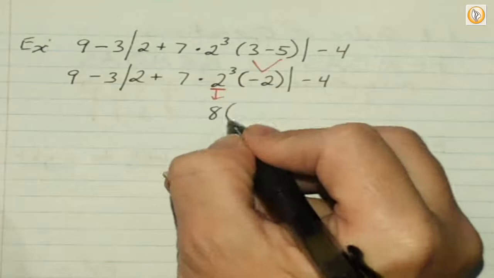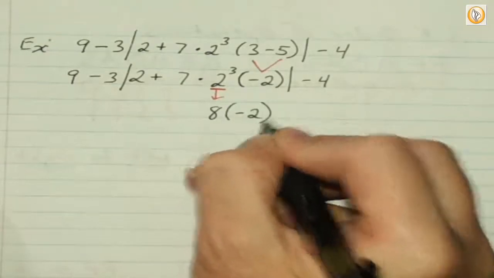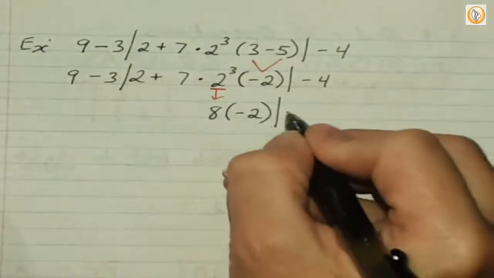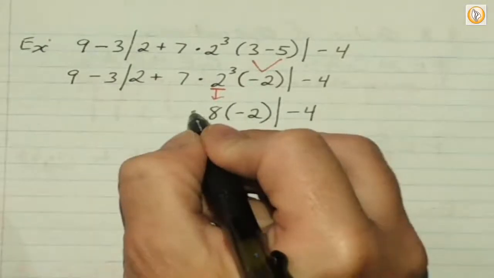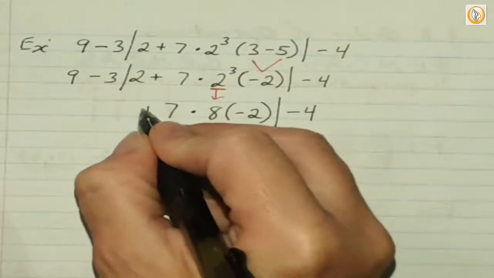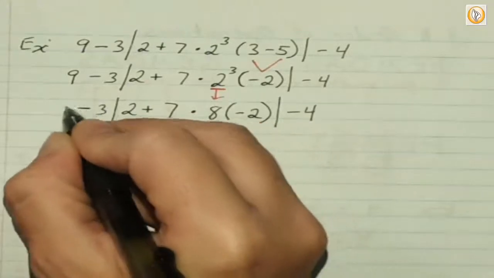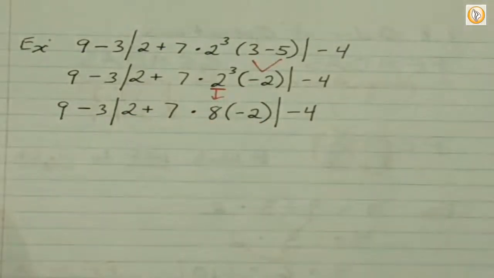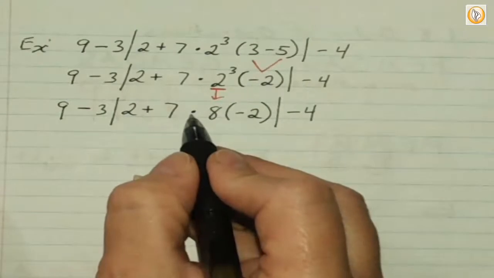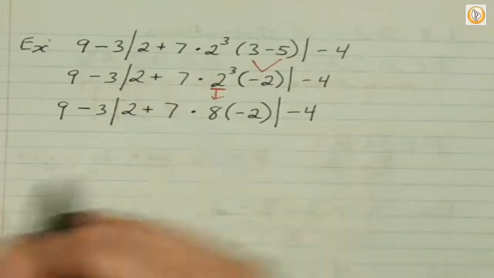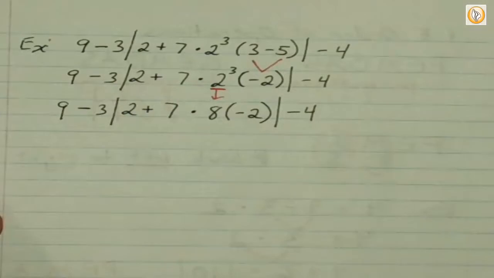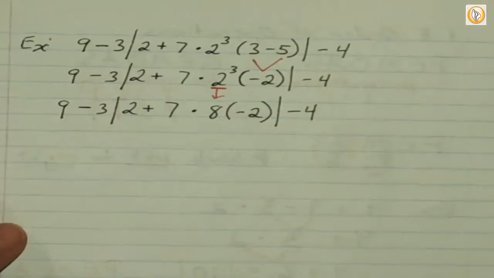And I'm rewriting my problem, still having that negative 2 in the parentheses. Notice how I'm very careful about rewriting my problem. One wrong move, that dot starts looking like a negative sign because of sloppy handwriting. Guess what? Y'all gonna subtract later on.